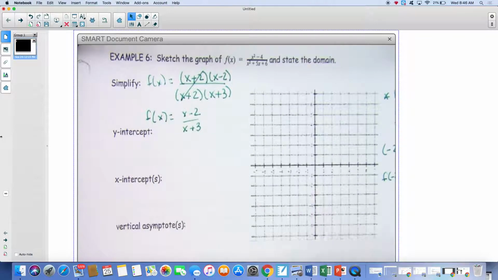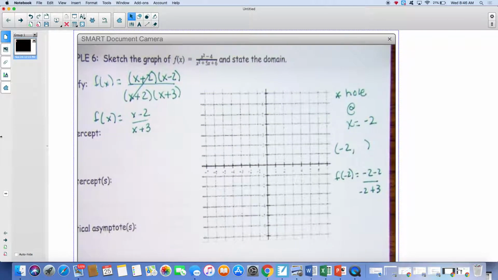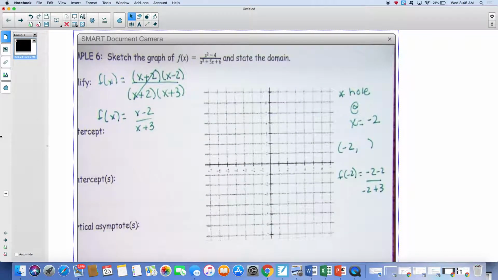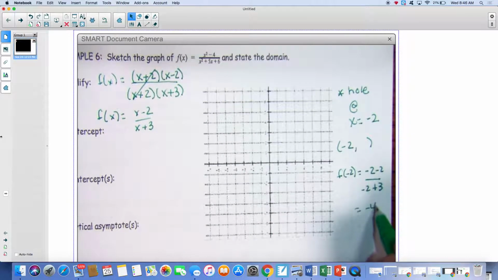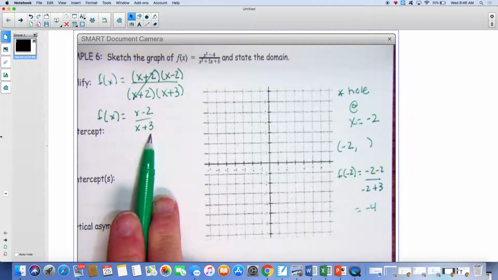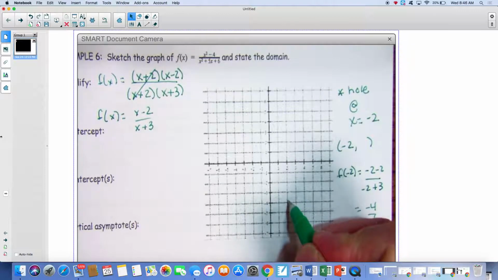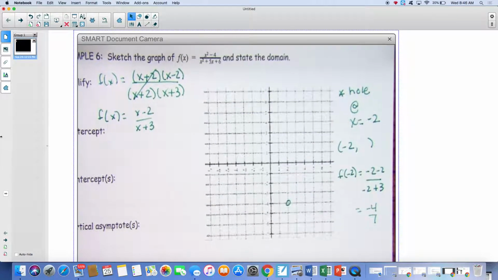Did you move it? Oh, sorry. I thought it was up there. Didn't leave a space for the hole. Let's get it right over here. So when I plug in negative 2, minus 2 is negative 4. Negative 2 plus 3 is 1. So at negative 2, negative 4, we have a hole.